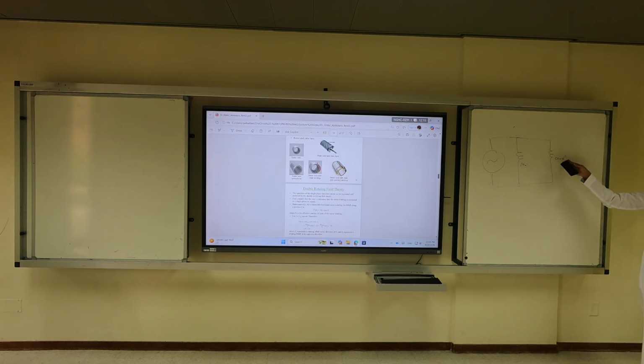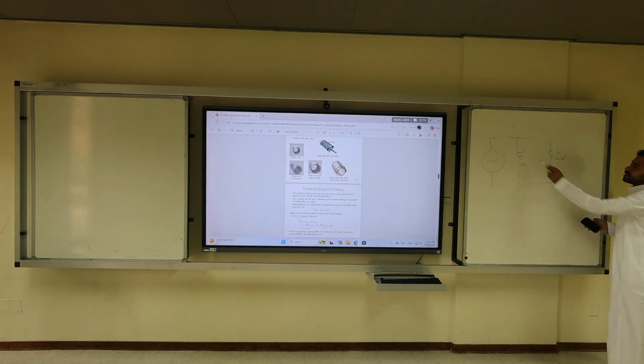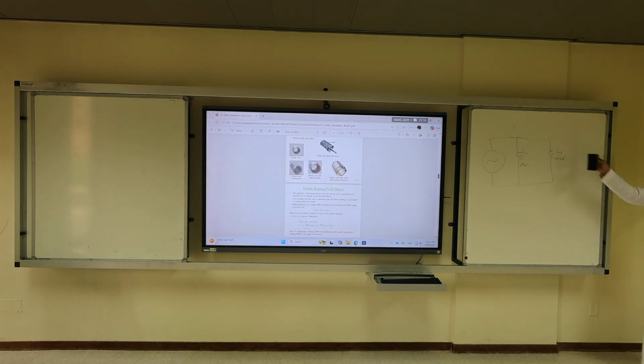Auxiliary, meaning supplementary. Can I split them? Would the current be in phase if they have the same value? Yes. If they have the same L, they will have the same value. But if I have L1 and L2, they have different values.